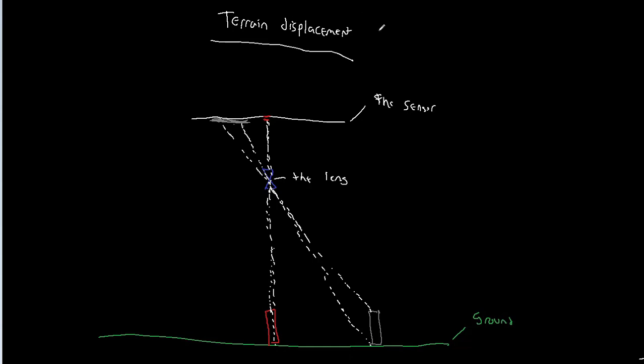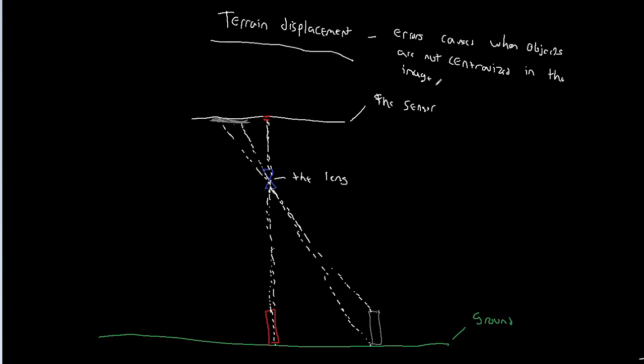So terrain displacement, to put a definition to it, is errors caused when objects are not centralized in the image.